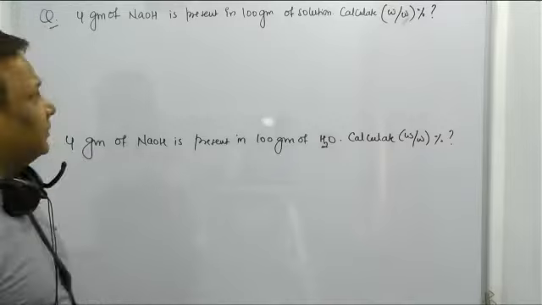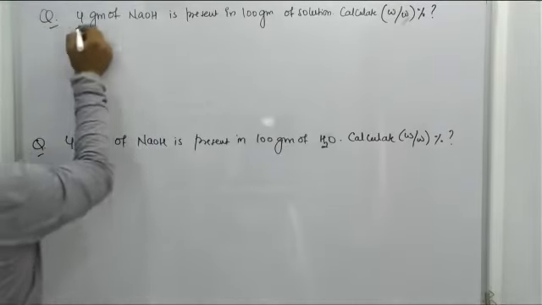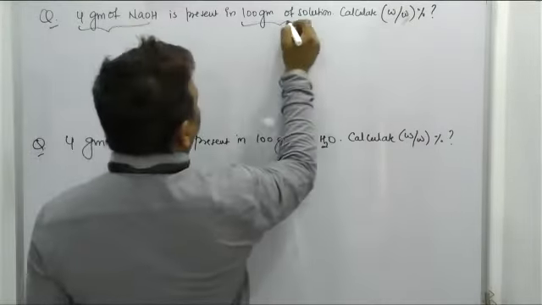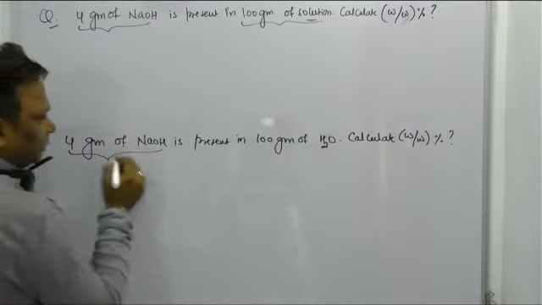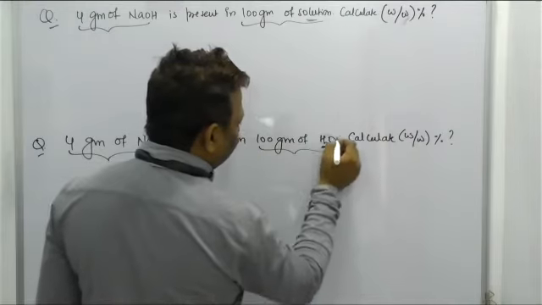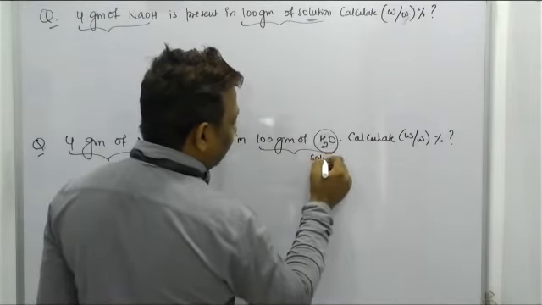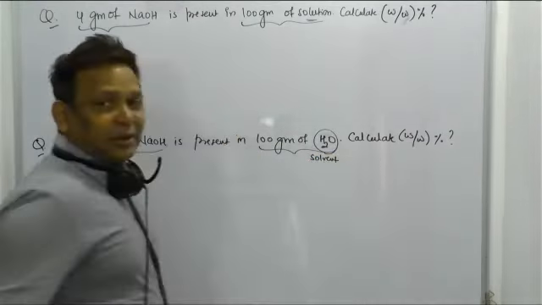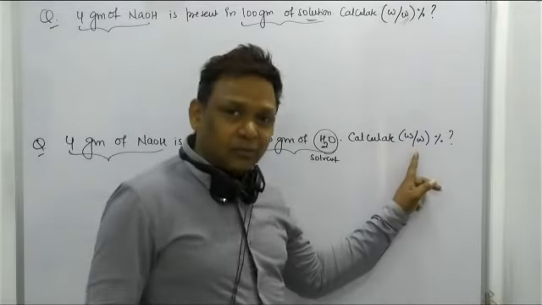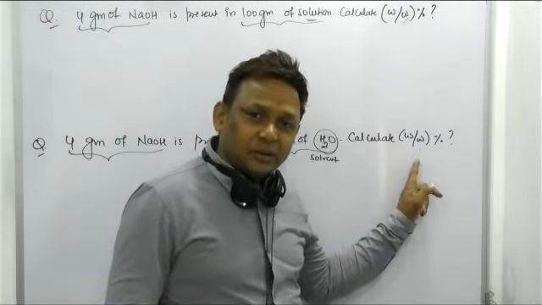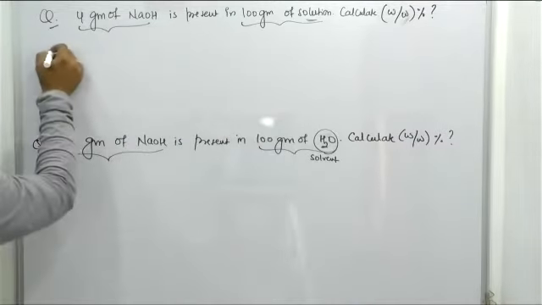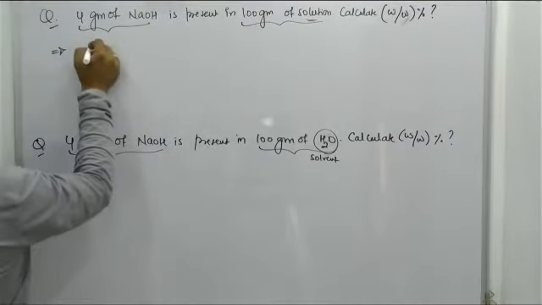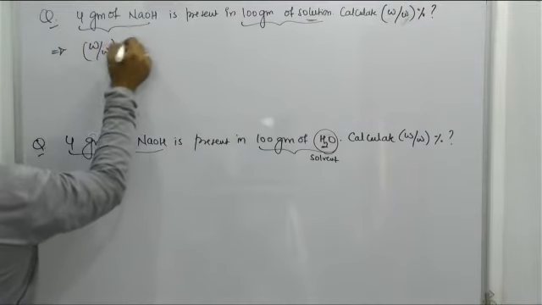Now you see here, this one is the weight of solute. This is the weight of the solution. But this is the weight of the solute. This is the weight of the solvent. But for getting this denominator W, what do we require? Weight of the solution we require. Now what to do? I will tell you. In the first case, they are asking to get the W by W percentage.